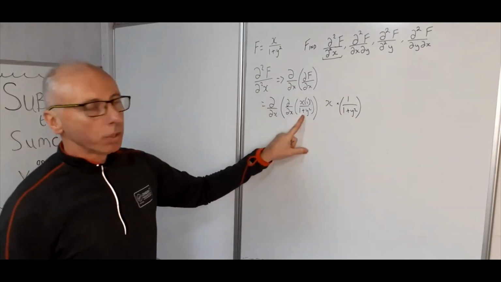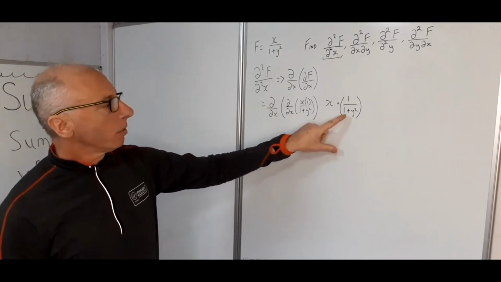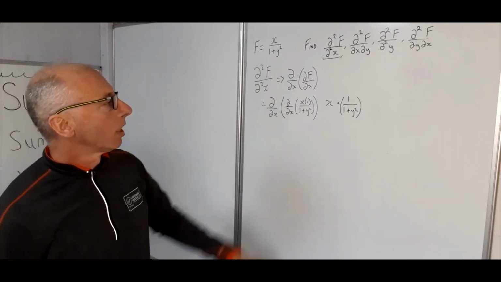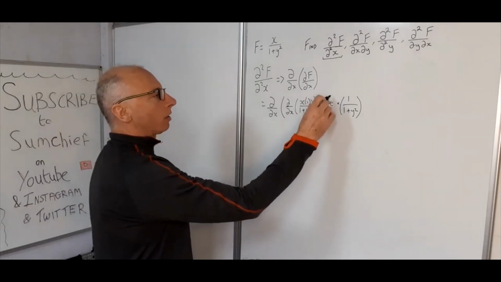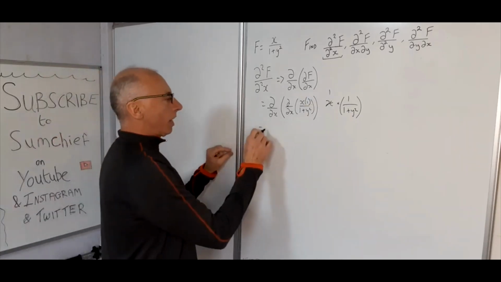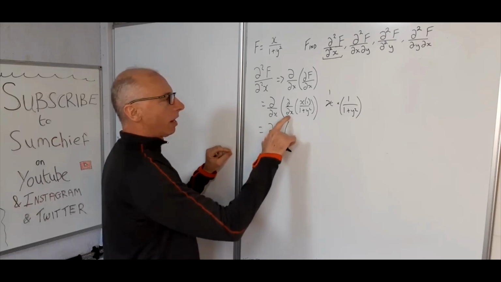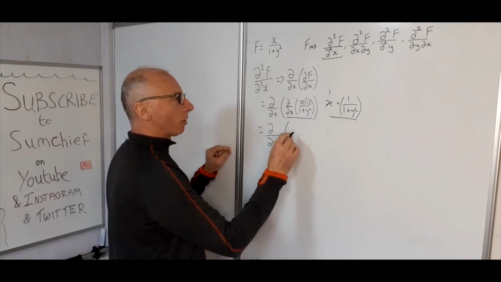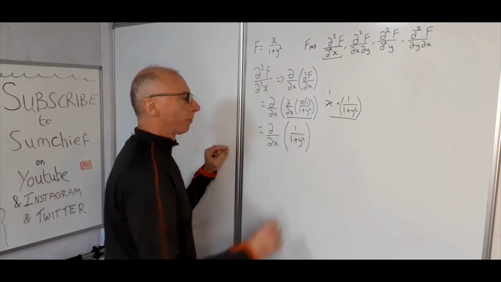That would be the same as what we've got here. Our partial is only with regards to x. So in terms of this part of the question, this is just a constant. So if you take the partial of x, that just becomes 1, and then we're just left with 1 over 1 plus y squared.